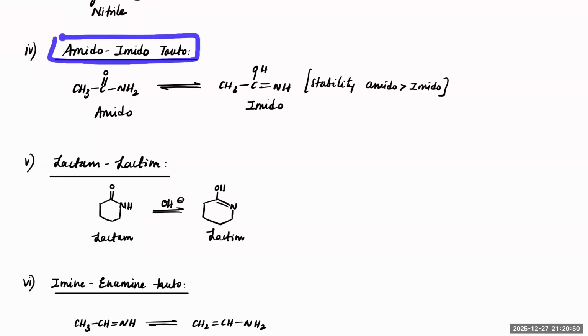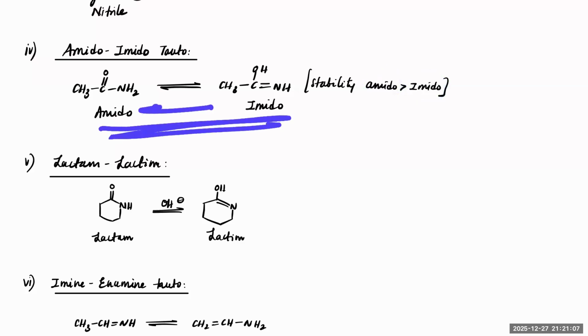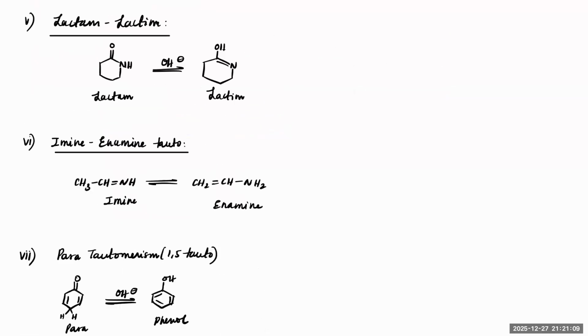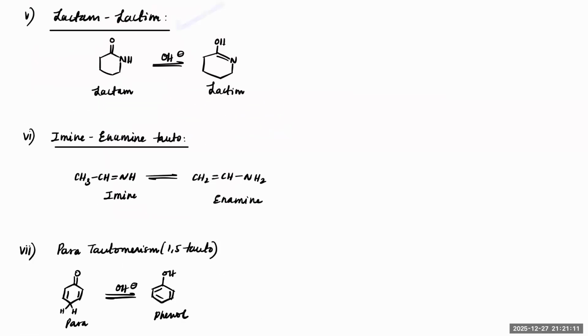Amido-imido tautomerism. This is amide, right? Amido. If you make this double bond shift here, oxygen shifts here, that will become imido. Amidos are very, very stable compared to imidos, so again the tautomerism mainly lies on the left hand side. Next, lactam tautomerism.